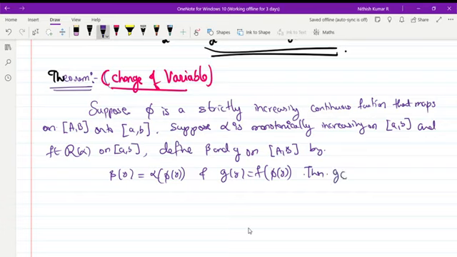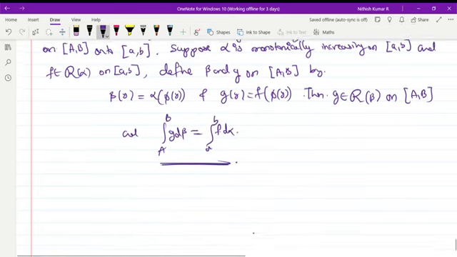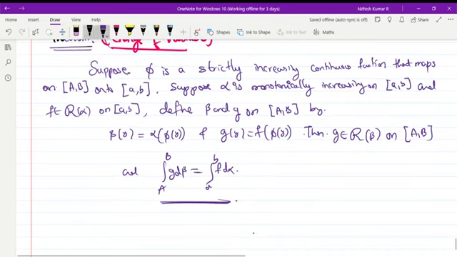Then g belongs to R of beta on the closed interval capital A comma B, and in this case we write the integral from A to B of g d beta is equal to the integral from a to b of f d alpha. So we shall prove this theorem.